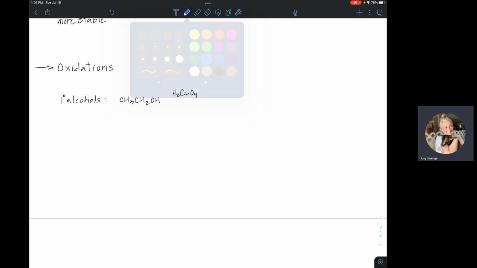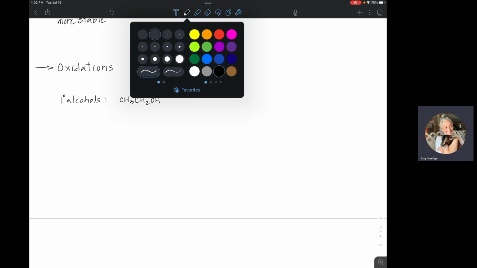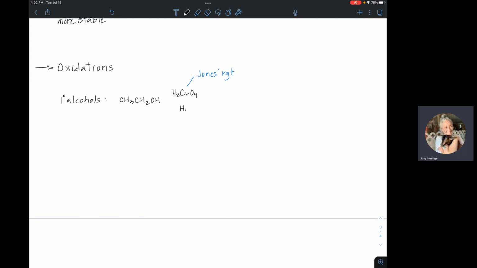This can be presented a number of different ways. You could see it written as Jones reagent, or just Jones, right? In water. And what you're going to get after the first oxidation, where you're changing the oxidation state of the carbon that bears the hydroxyl group, decreasing the number of carbon-hydrogen bonds and increasing the number of carbon-oxygen bonds, is the aldehyde, the first oxidation state up from the primary alcohol.